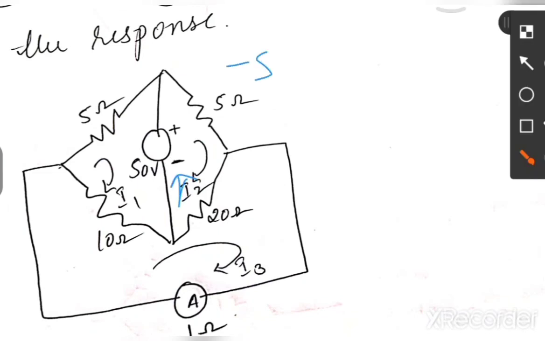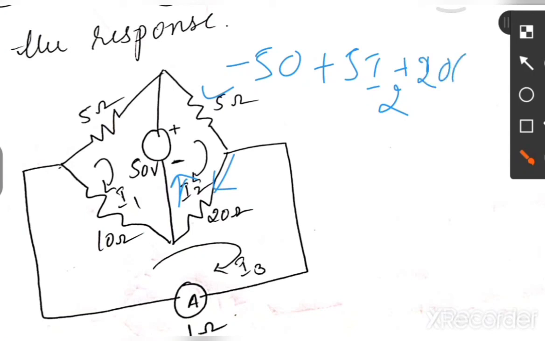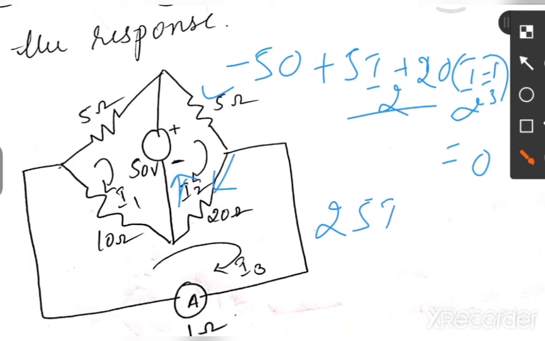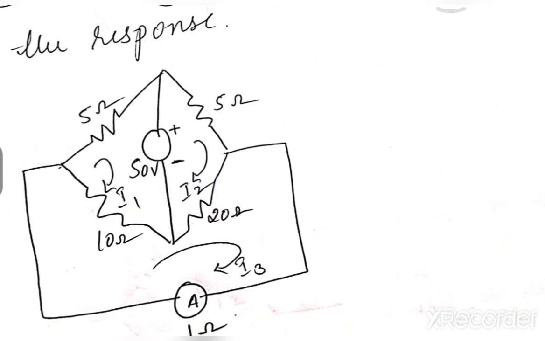We will reach minus 50 plus we will reach here 5 I2. Next plus 20, you are in the second loop, I2 minus I3 equal to 0. Simplify this equation. You will get 25 I2 minus 20 I3 equal to 50. Okay. Like this we have written directly those equation.